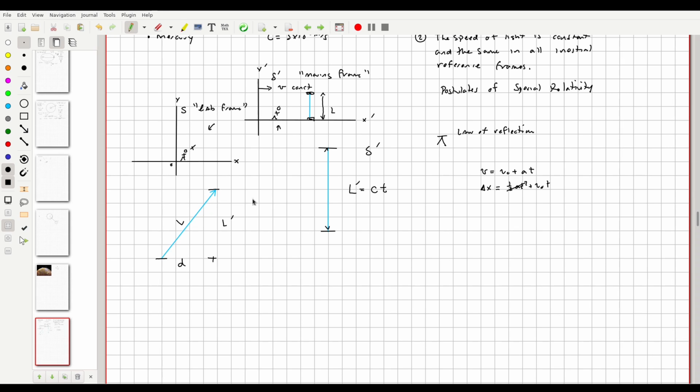Now, you can actually prove this effect to yourself. Have a friend, standing still, throw a ball straight up into the air and catch it. If they're standing still relative to you, you'll both agree that the ball went straight up, hit its peak, turned around, and came back down. Now, if you have that same person walk by you at a constant pace and they throw the ball straight up and let it fall straight down, according to them, it is going to go straight up and fall straight back down.